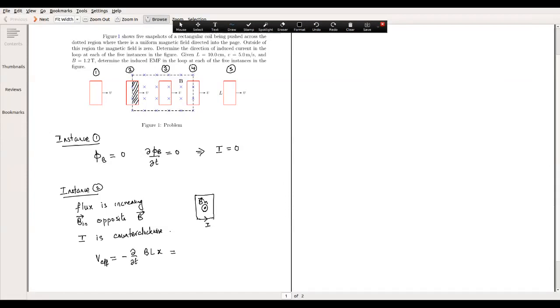And this is equal to minus B times L times V. So the effective voltage, or the magnitude of that, is simply B times L times V. Using the numbers given to us, that comes out to be 1.2 times the length, which is 10 centimeters, that's 0.10 meters, and V is 5.0 meters per second.